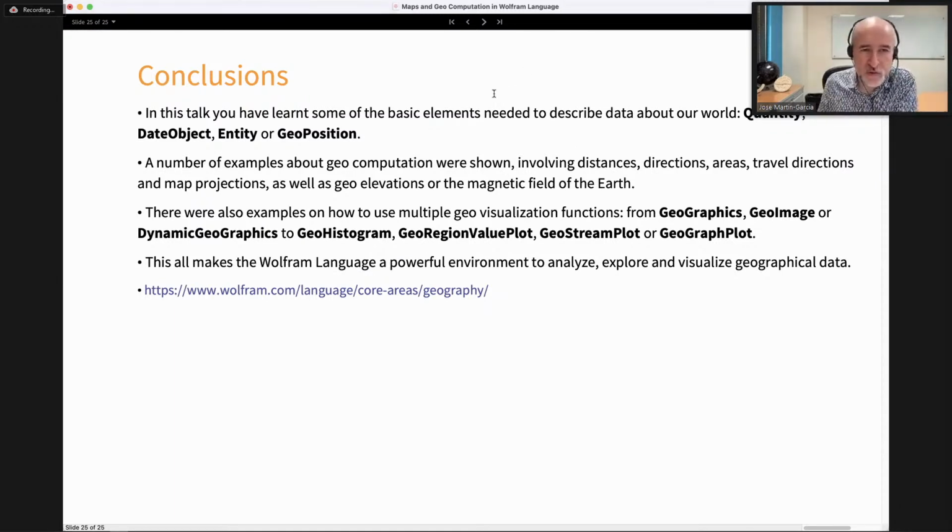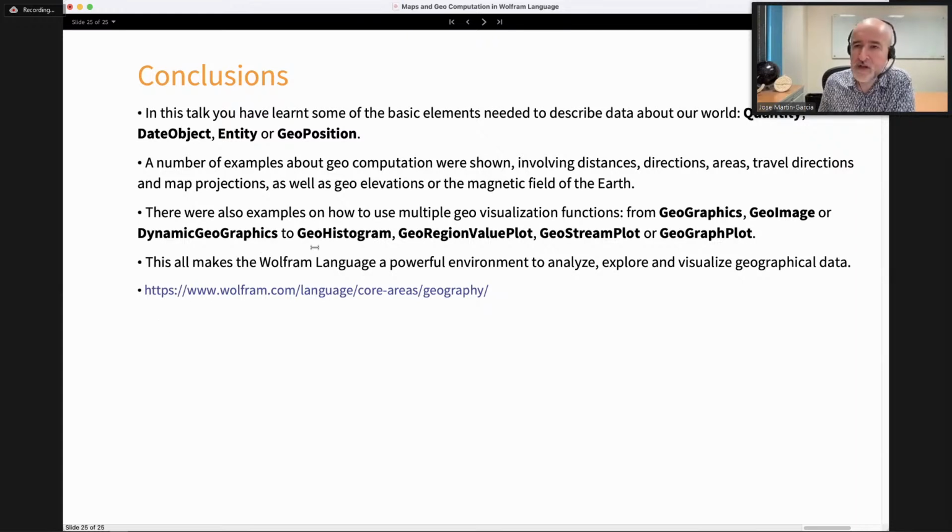So let me review. We have seen how to represent and manipulate data using Quantity, DateObject, Entity, and GeoPosition. Those are the four fundamental blocks to work with the geographic functionality. We have seen a collection of examples about geocomputation involving computations about distances, directions, areas, travel directions, and projections. Also working with geoelevations and the magnetic field of the Earth.